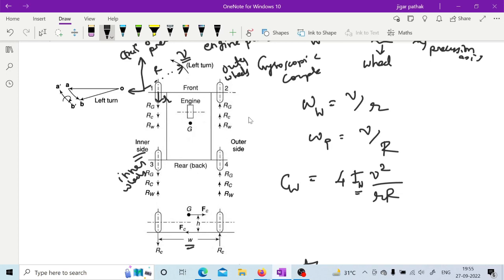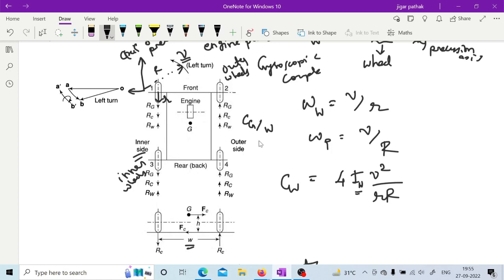Let us say this Cg by W, which is acting on the outer side, is acting downwards, right? And if it is acting downwards on the outer wheels, then it must be acting upwards on the inner wheel side.